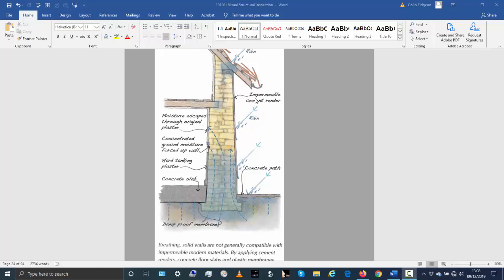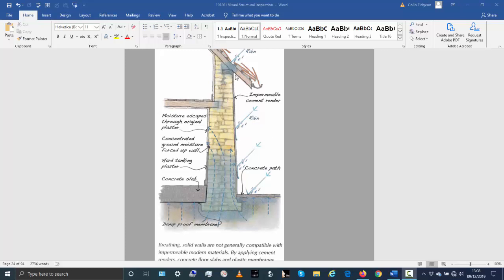But it causes problems in that the stone walls that were traditionally breathing couldn't breathe the same way because they had an impermeable cement render on the outside. Now, this impermeable cement render can stop rain from coming in, but it also has the negative effect that any rising damp coming in can't evaporate because this cement render is impermeable.